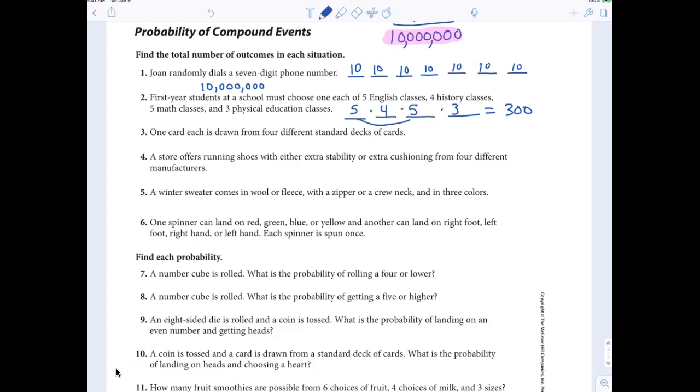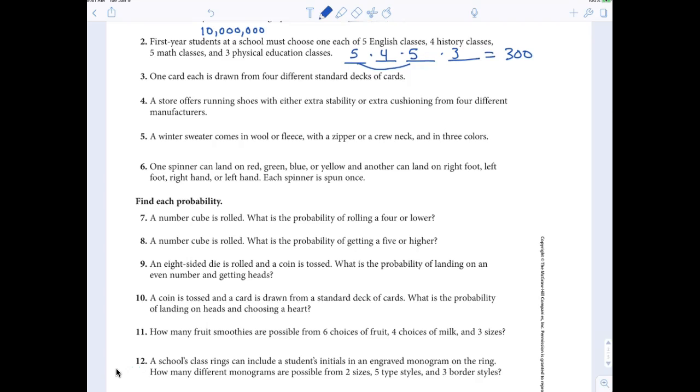All right, number 3. One card each is drawn from 4 different standard decks of cards. So, how many lines do I need to put down? 4 lines. So everybody's got to put down 4 lines. 1, 2, 3, 4.